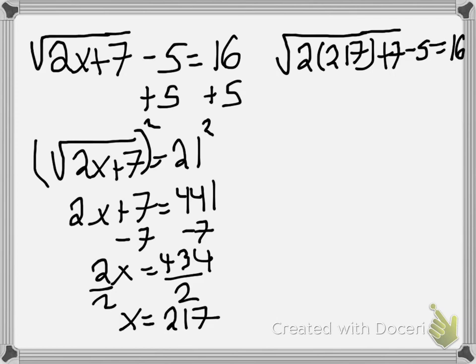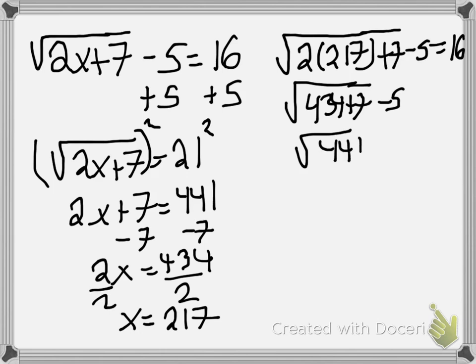All right, so 217 times 2, well, we know that's 434, so we got the square root of 434 plus 7, minus 5. Well, 434 plus 7, that is the square root of 441. What's the square root of 441? It's 21.